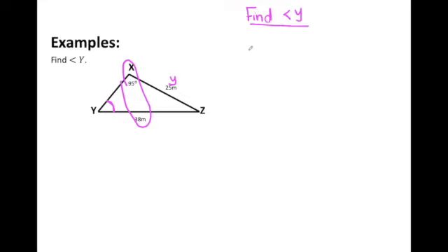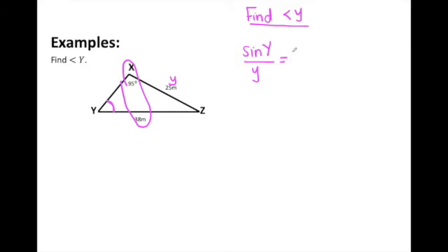So you're going to find y, so remember that we want to use our angle on top. There we go. So you're going to do sine y on top, all over side y.